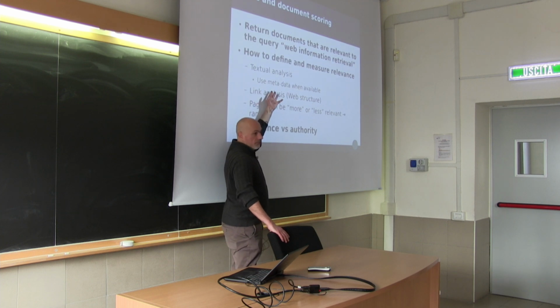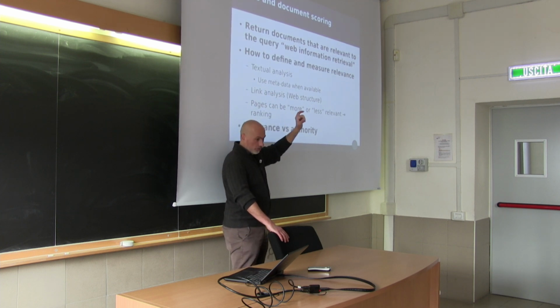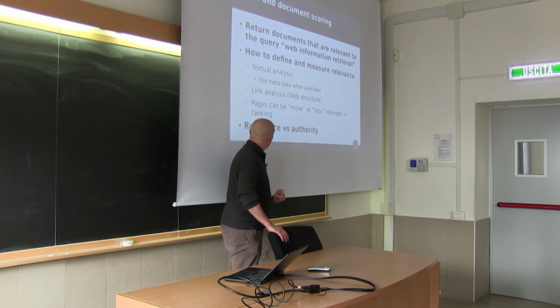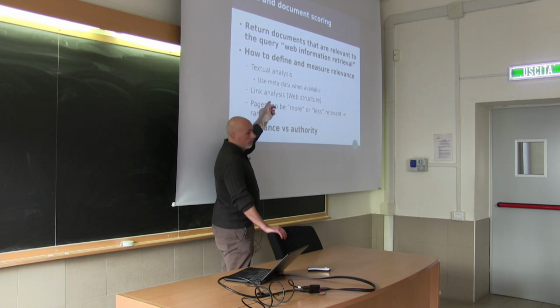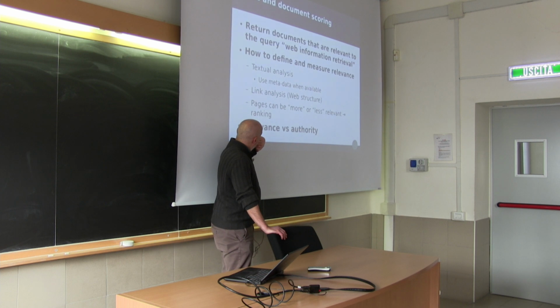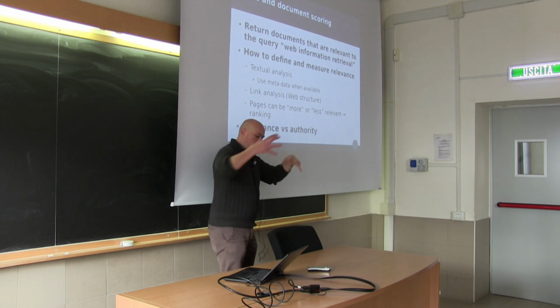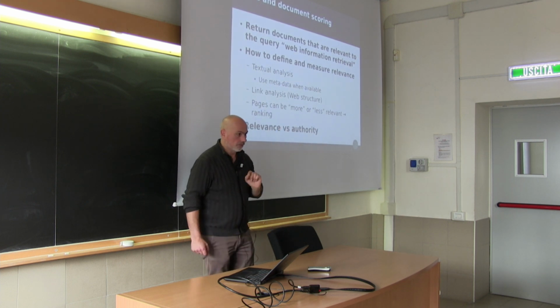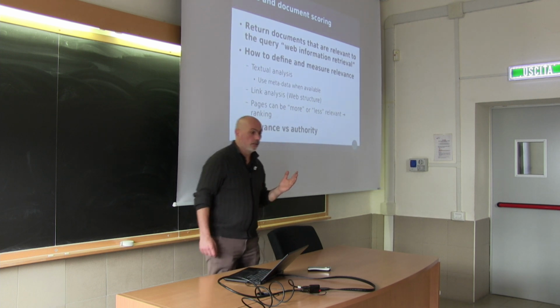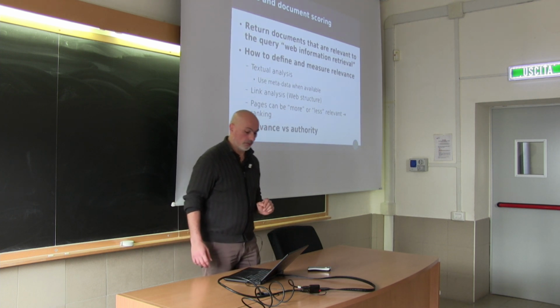This is using metadata, knowing that some parts of the document are a title, another part is a header of a paragraph, and then there is the body. You can do link analysis. We will see what this means. Eventually, all this stuff combined gives you a ranking of documents, the order in which they will be shown by Google or another search engine.